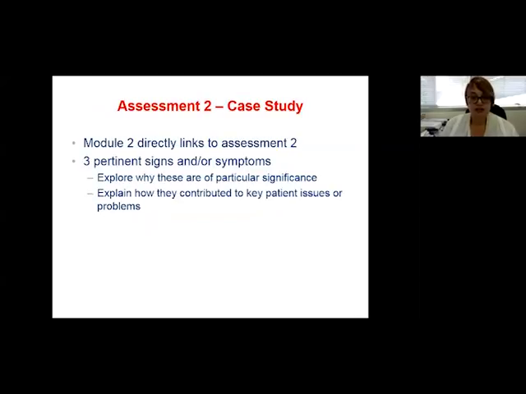And then you will identify which signs or symptoms, they could be all 3 signs or all 3 symptoms or a mixture, it doesn't matter, but I want you to explore why these ones are of particular significance to those multi-morbid patients with 3 chronic diseases, and explain how these signs or symptoms then contribute to the actual patient issues or problems, and that leads on to the final component around your nursing intervention. So Module 2 is crucial for assessment number 2 as well.